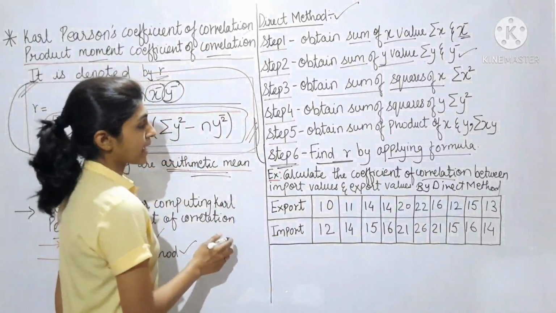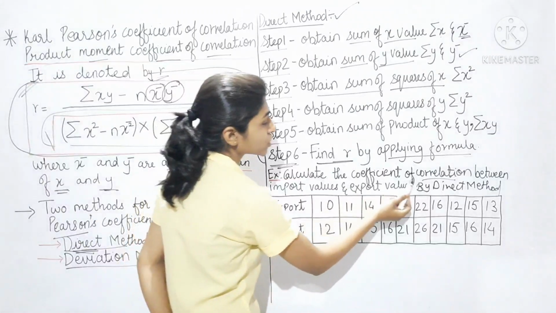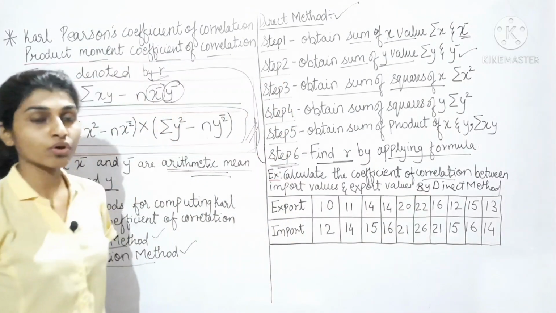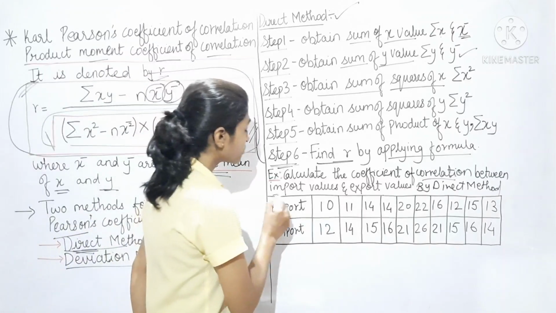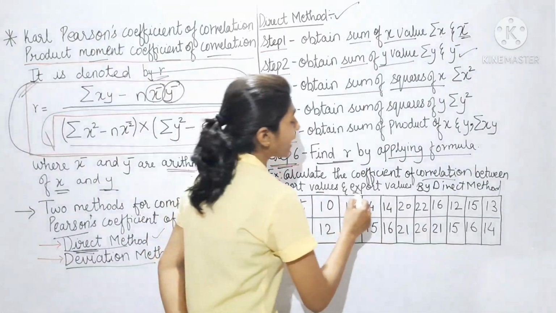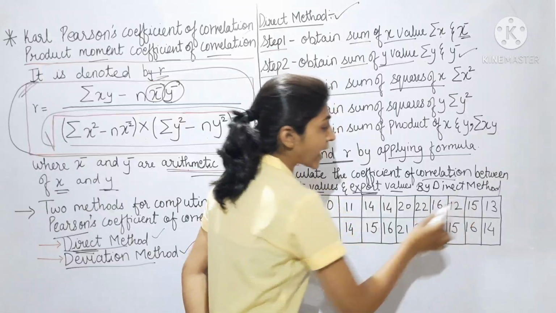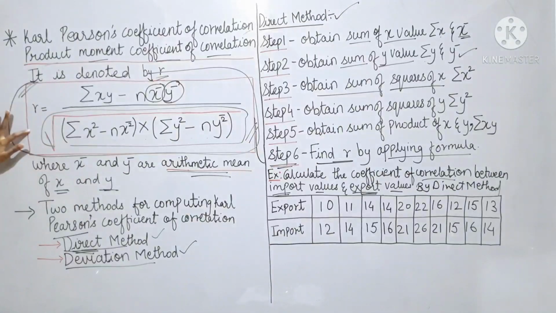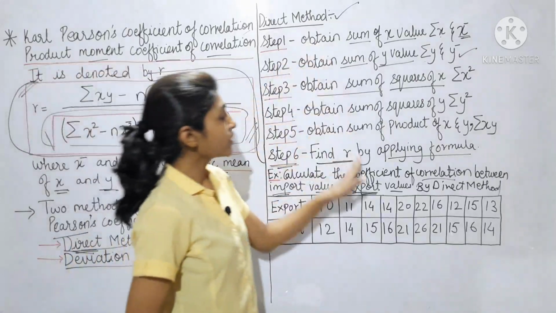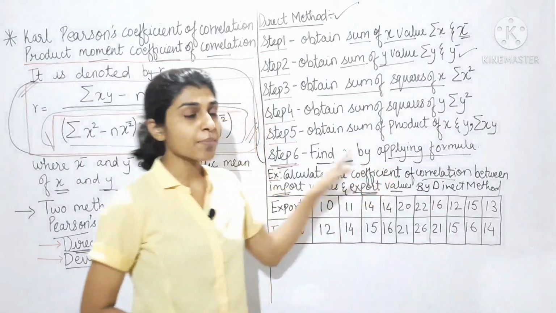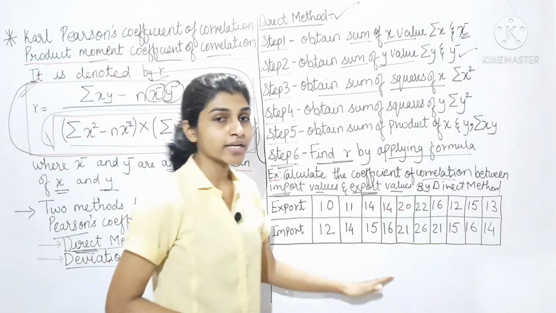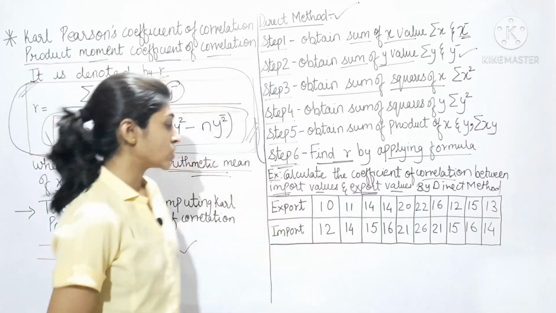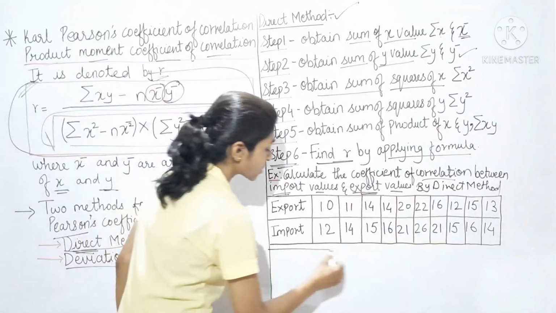Calculate the coefficient of correlation between import values and export values by the direct method. For the direct method, we are going to use this formula and these steps. We will go according to the steps, and one by one we are going to find the value of correlation. So this is the question.